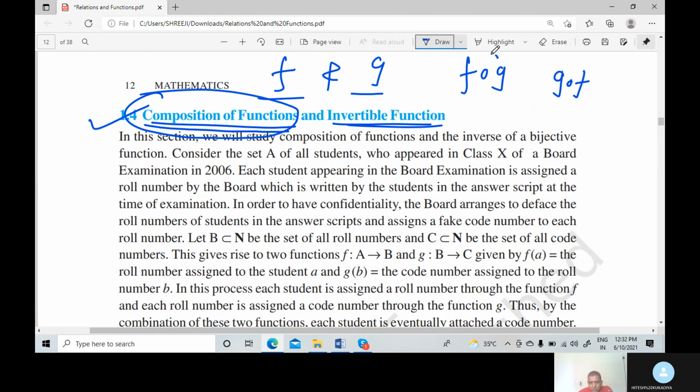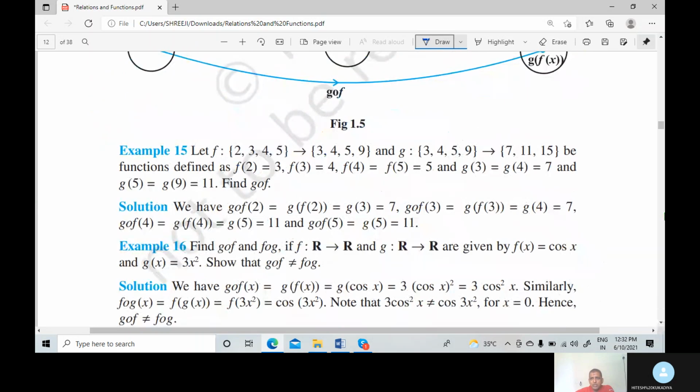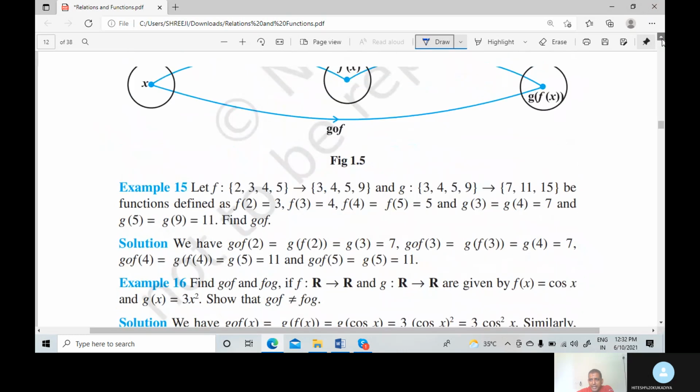The composition of two functions, say if we have two functions f and g, the composition says fog, here the o is a small letter o, fog or gof, right? Now we explain how fog or gof is possible.